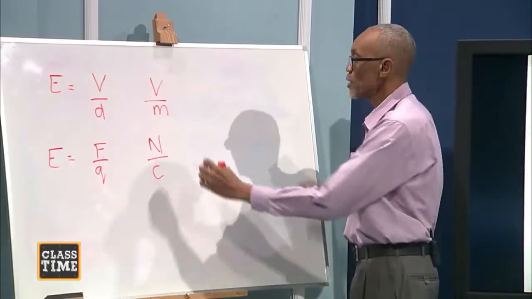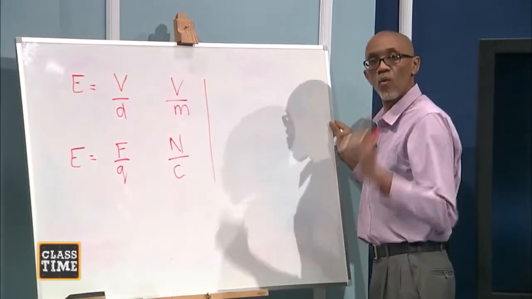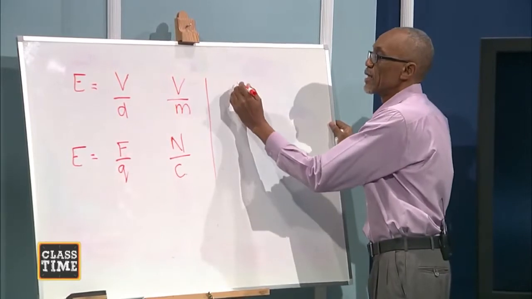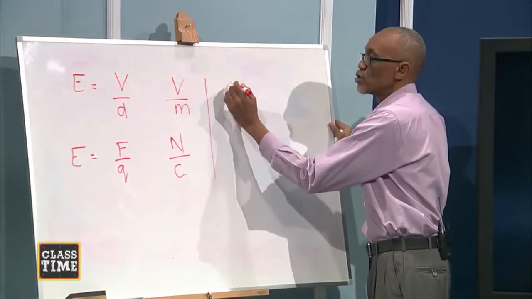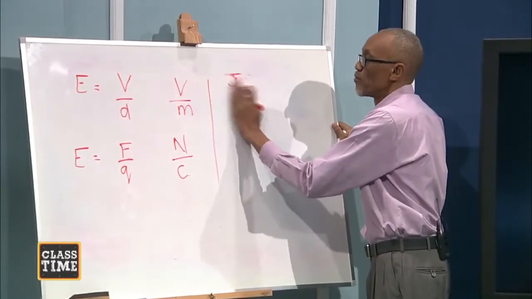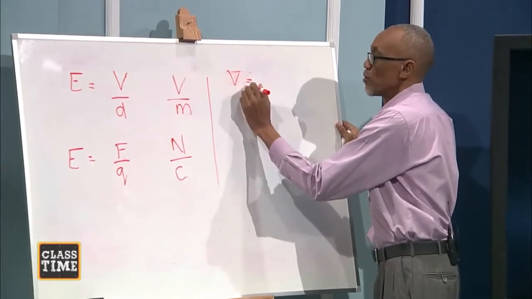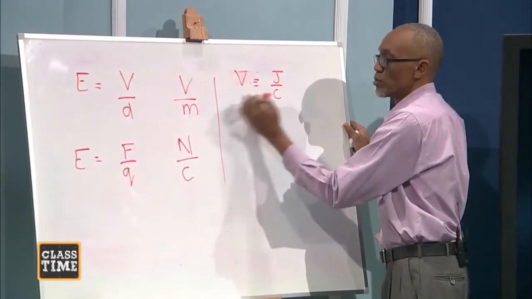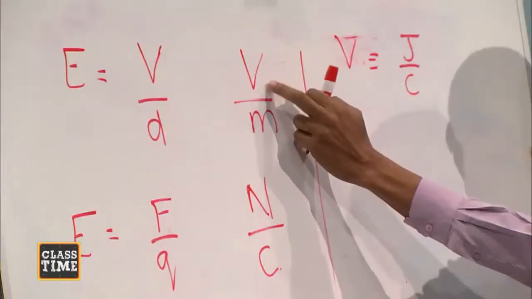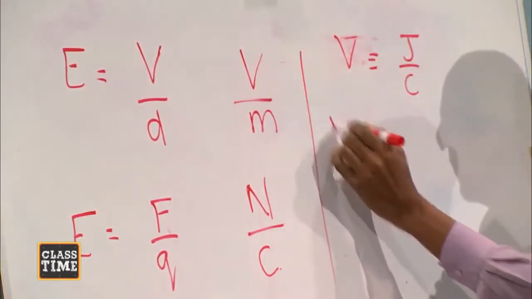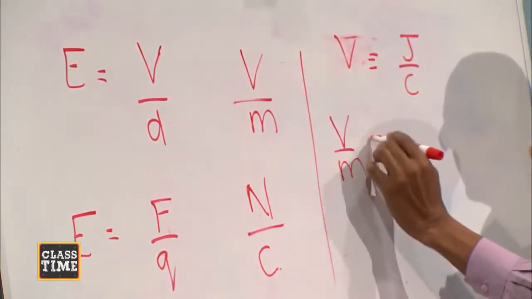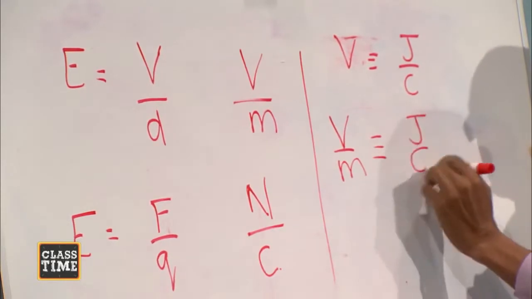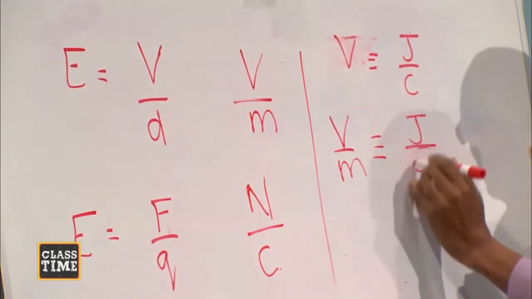So here, the volt is a joule per coulomb. So if we substitute here, we'll get that the volt per meter is equivalent to a joule per coulomb meter.